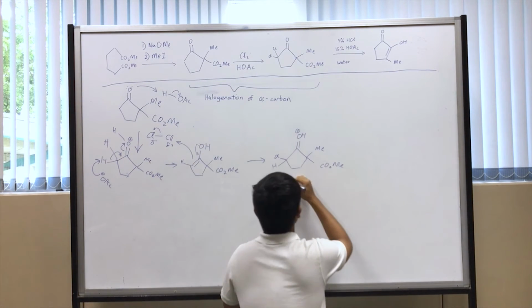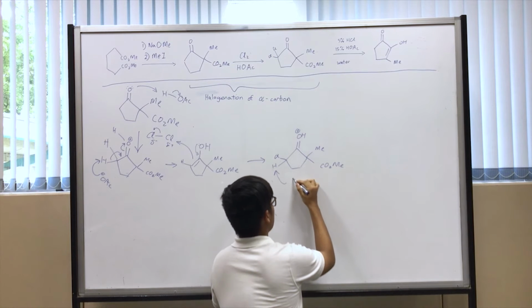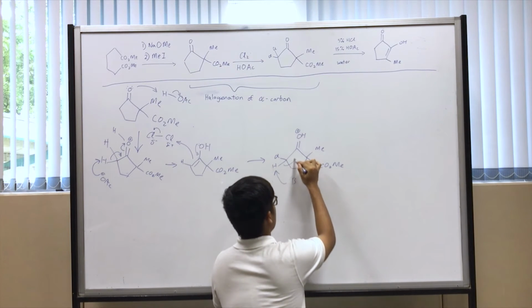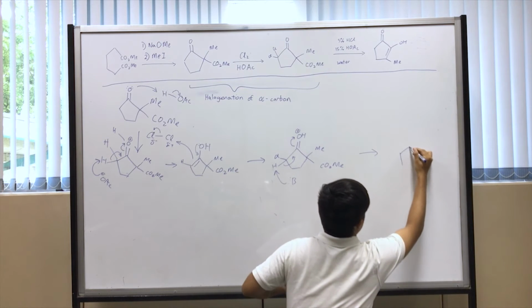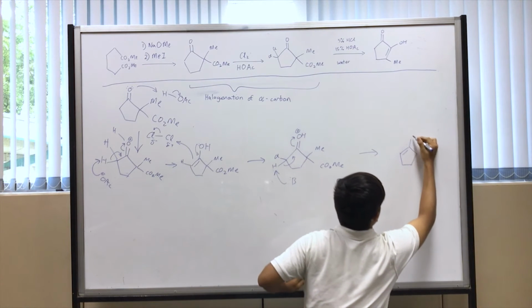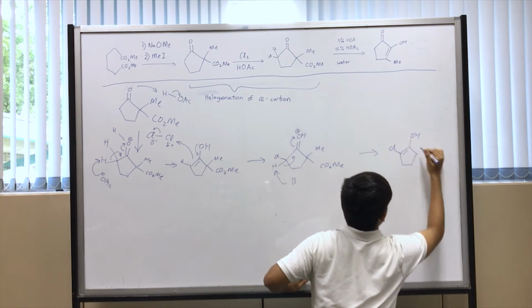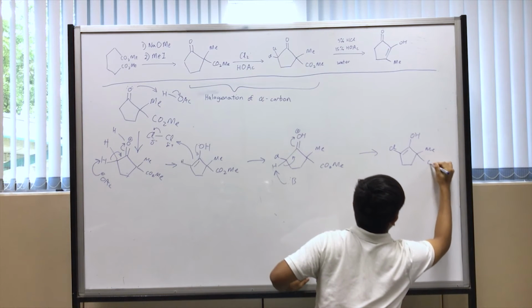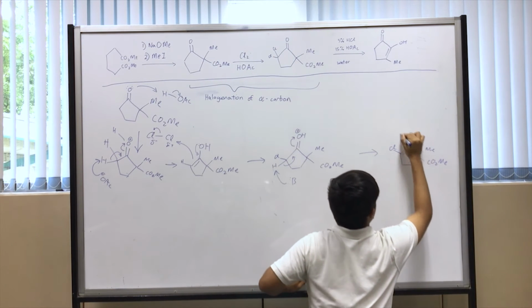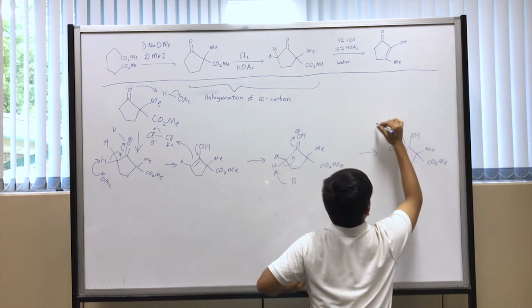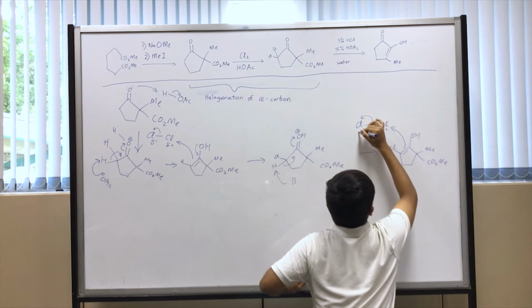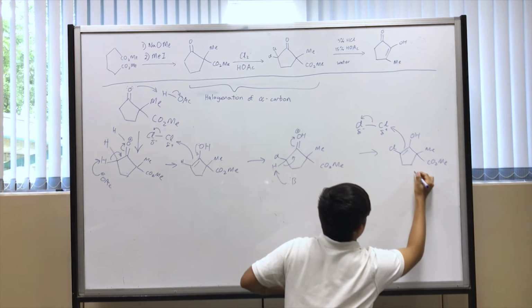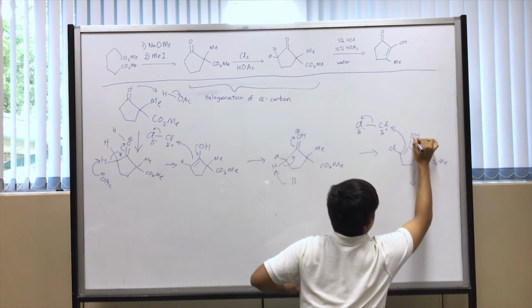So the same thing happens again. We'll use any base to attack this H, and then get the enol. And then this will attack another Cl. And the lone pair will come back now.